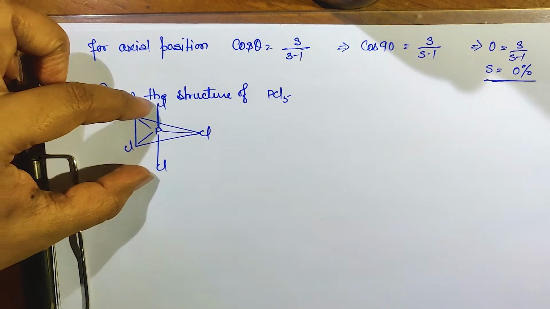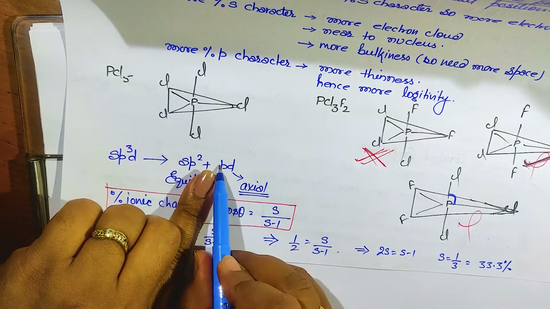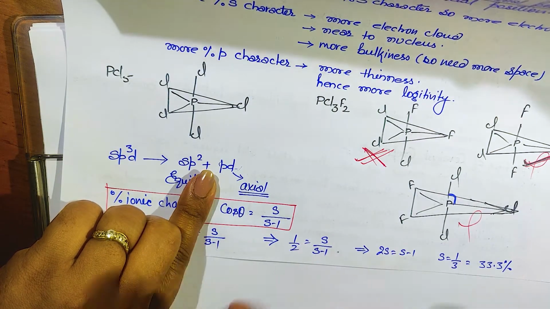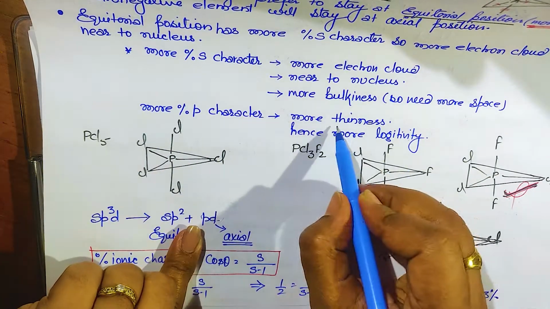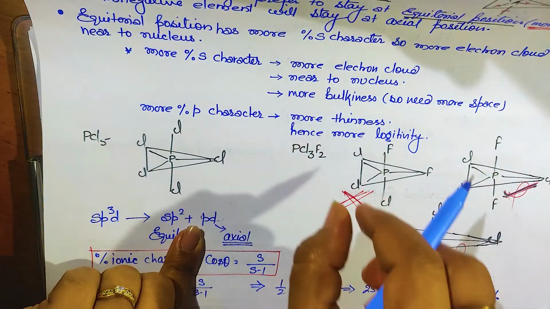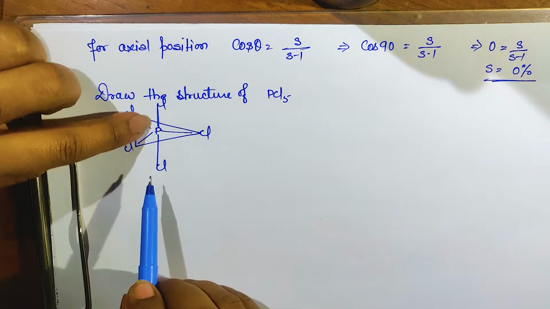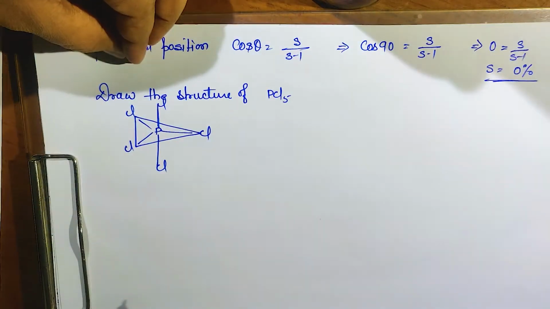In this case, if you check this pd, that means P total is 100. So for P it is 50%, for D it is 50%, isn't it? So more percentage P, yes, more P character. That means more thinness, so the bond will be longer, isn't it? So that's why ये जो bond होता है ये thin हो जाता है और ये long हो जाता है, and that's why ये अपनी तरफ attract कर लेता है bond को.